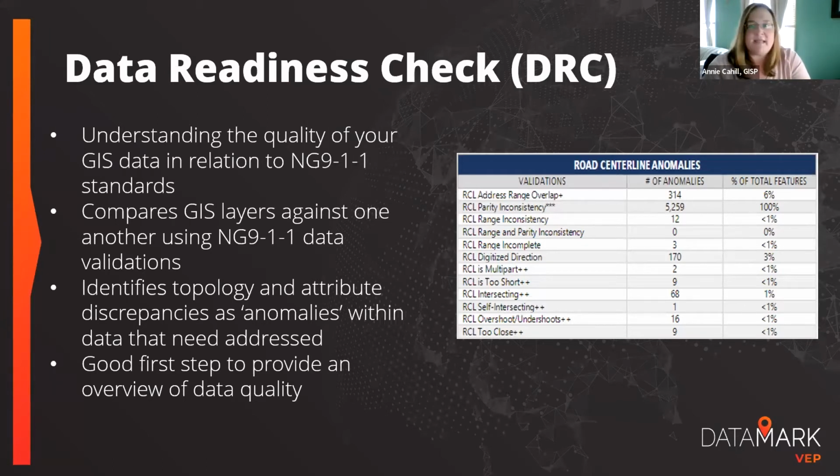Digitized direction is not always obvious unless you're identifying those endpoints of your road centerlines. So just different things like that can be very illuminating for your data quality, and it can help you identify where you have most of your anomalies and where you need to start that cleanup effort.